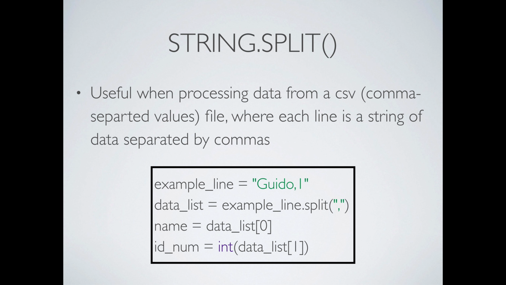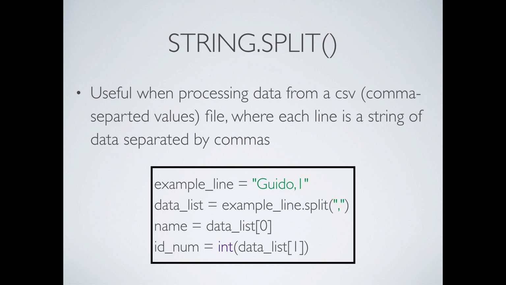So let's say here's an example line. This is an example line that you might get from a comma separated value file. I'm not showing all the file opening, closing stuff because you don't need that to see this example. Here's an example line. It's a string, has Guido, comma 1. And I say, hey Python, go ahead and split up that string by the commas, and we'll store that into this list that I'm going to call data list.